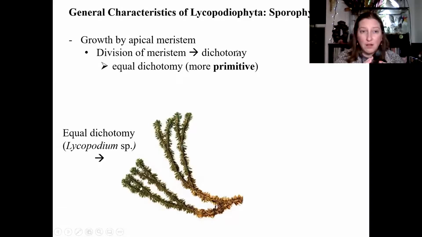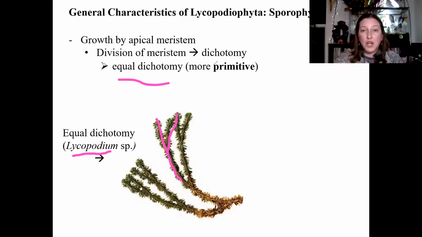So one way you can tell how old a lycopod, so either Lycopodium or Selaginella, but a lycopod, is in evolutionary time is how complex its branching pattern is. For example, the oldest type of lycopod, this species of Lycopodium here, has equal dichotomy, which is that primitive thing we looked at: grow, split, grow, split.